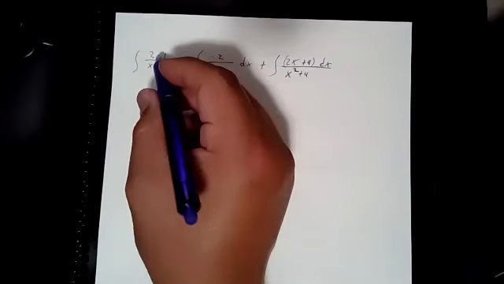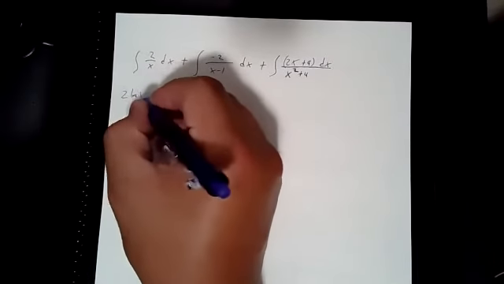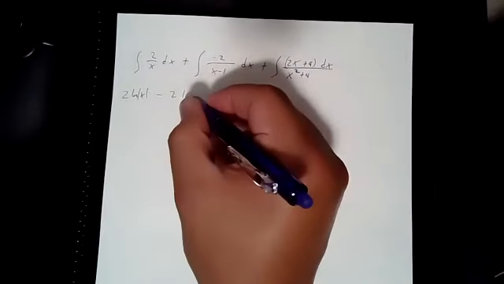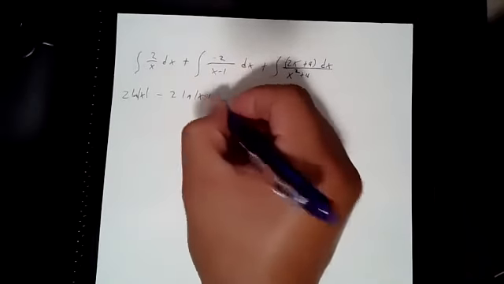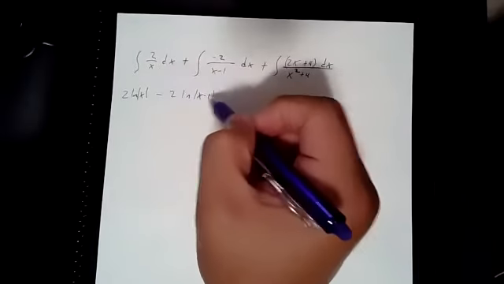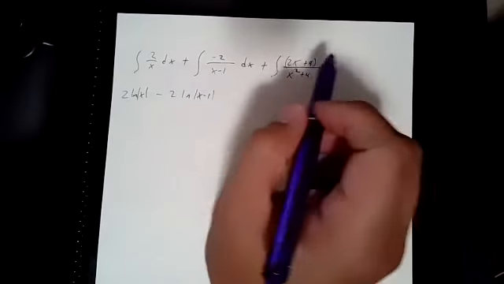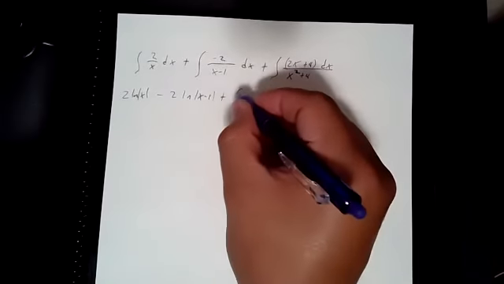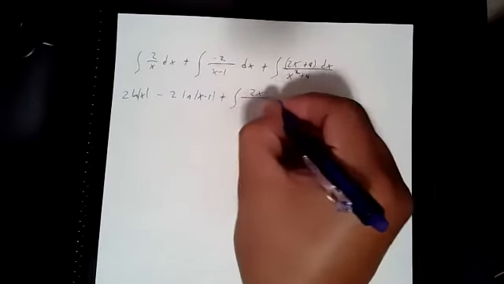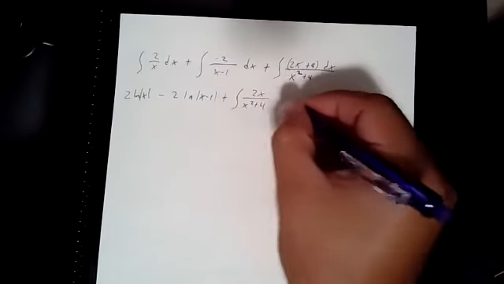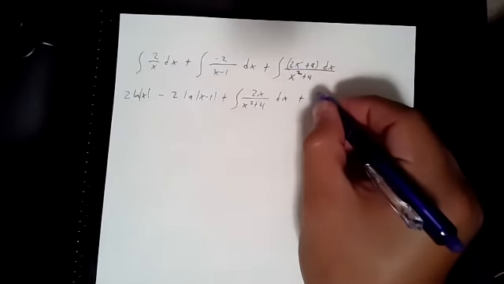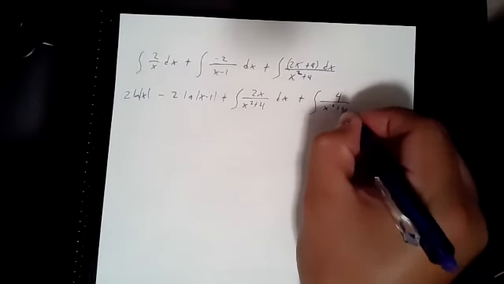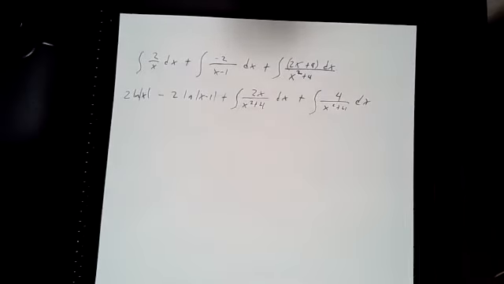So the first one's no big deal, right? That's just going to be 2 ln x. Next one will be same deal, 2 ln x minus 1. You do a little u sub for this one. This one needs to be separated though. This will be the integral of 2x over x squared plus 4 dx plus the integral of 4 over x squared plus 4 dx.